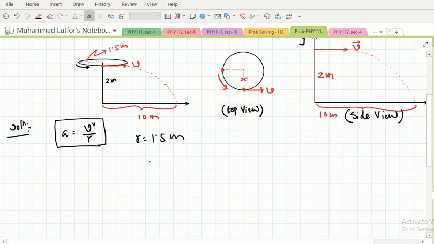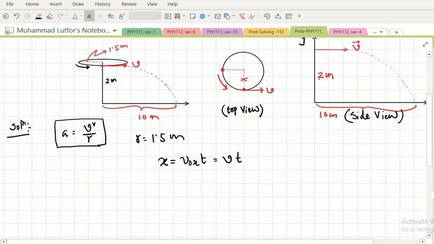To find that velocity, we know the horizontal distance, so we can use the formula x equals v naught x times t, which is basically v into t. After flying off, the stone moves under the influence of only the gravitational force, so it's a free fall, a two-dimensional case.